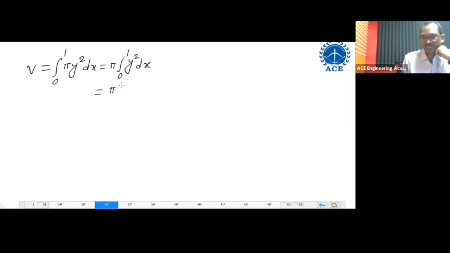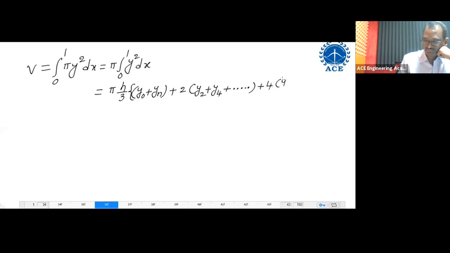Simpson's one-third rule formula: h by 3 into y naught plus yn, plus 2 into y2 plus y4 plus so on, plus 4 into y1 plus y3 plus so on. But here y square is there, no?